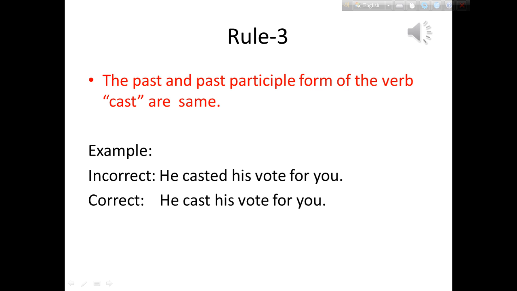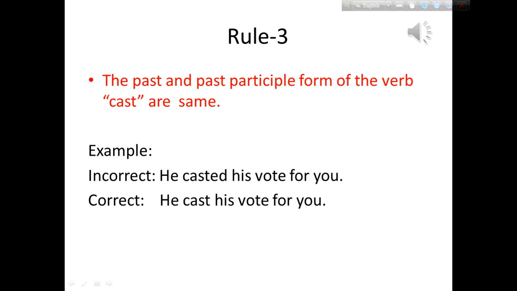Rule 3. There are some words for which the present, past and past participle forms are the same. So here we have a word like that. Our today's word is cast, and the past form and past participle form of cast are the same, that is cast.